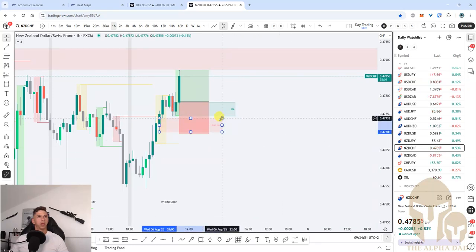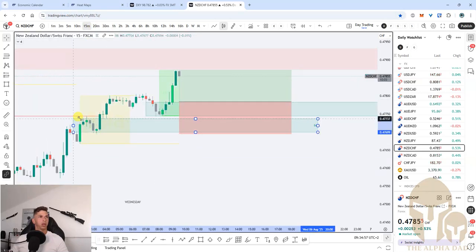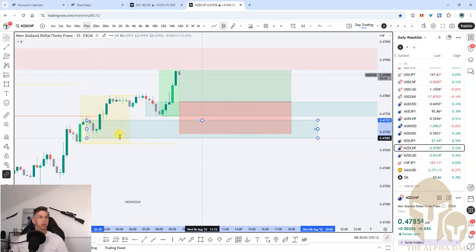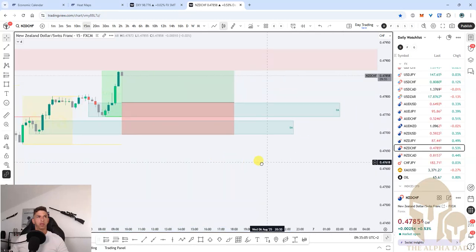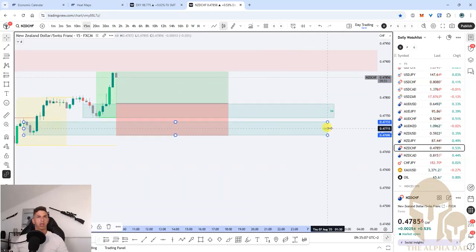Okay, and this one here, I actually like it. This one. We have these two lower time frame demand zones, right? Let me see.